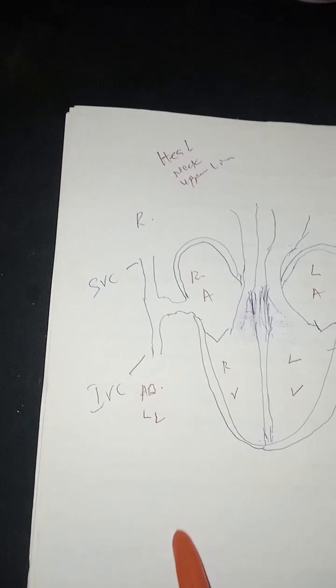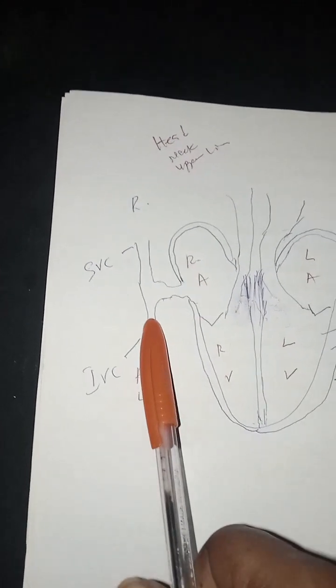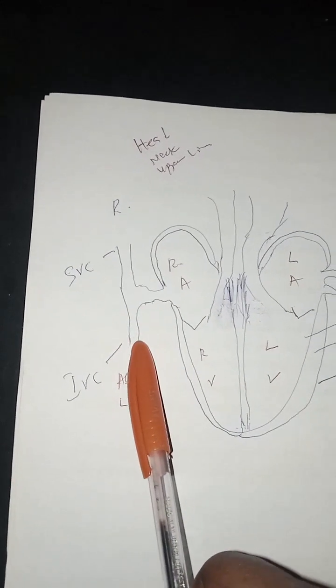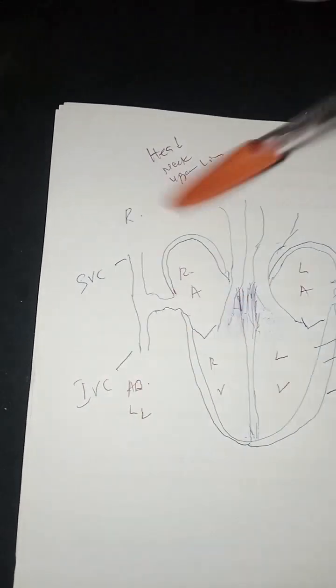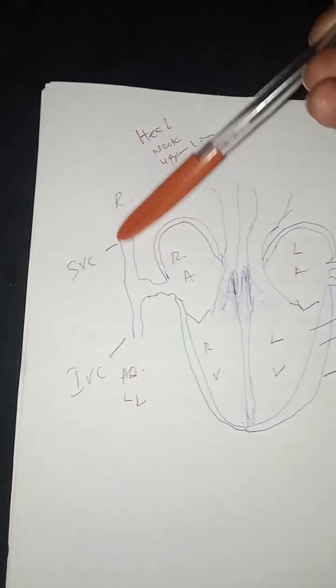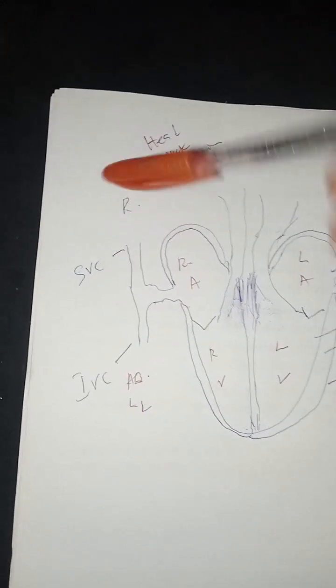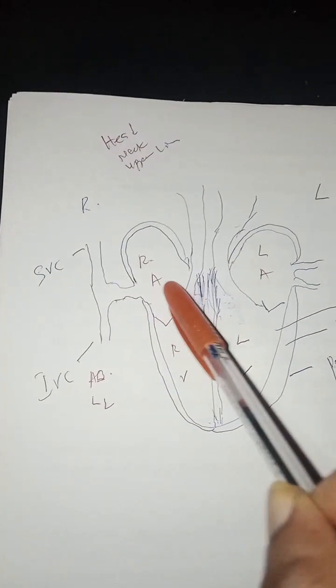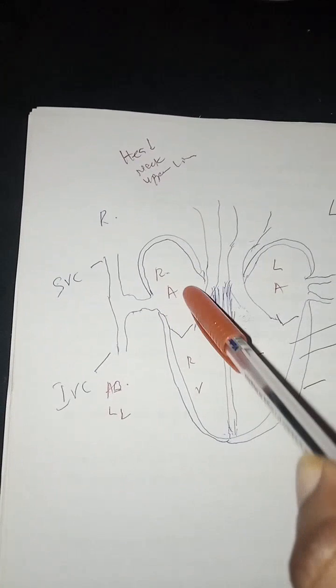So blood coming from the lower part of the body passes through this vein called the inferior vena cava, while blood coming from the upper part of the body passes through this vein called the superior vena cava, and they all enter into the right atrium.